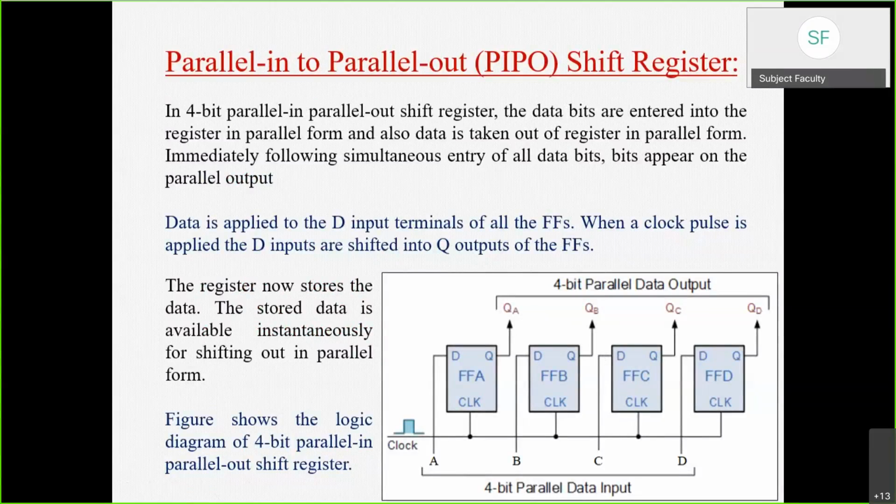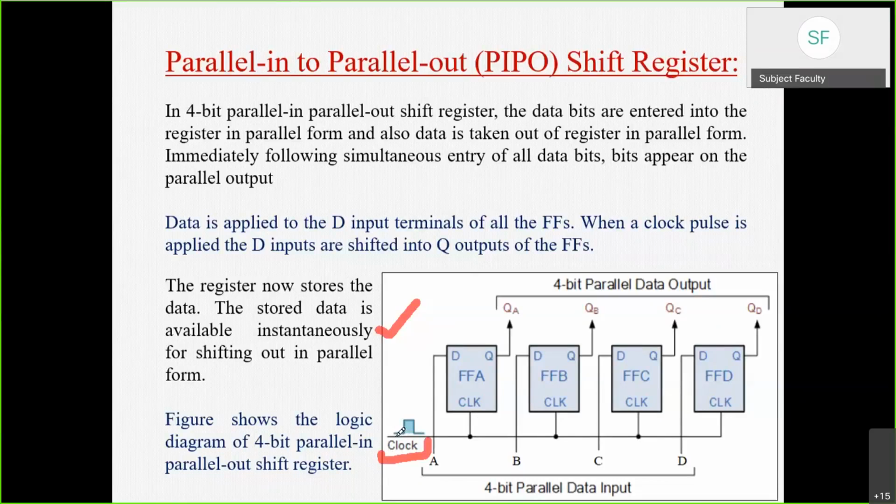You can observe a total of 4 flip-flops are there. All 4 are D flip-flops: flip-flop A, flip-flop B, flip-flop C, and flip-flop D. And the clocks are taken as common. You can observe all clocks are taken as common, and one single clock terminal is drawn here.